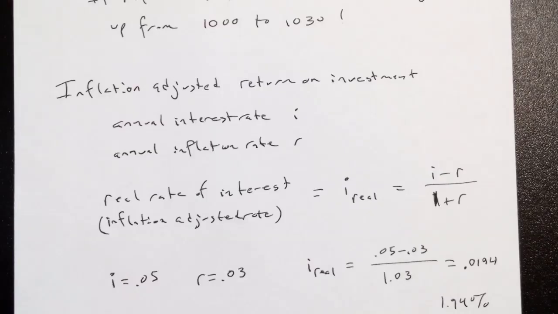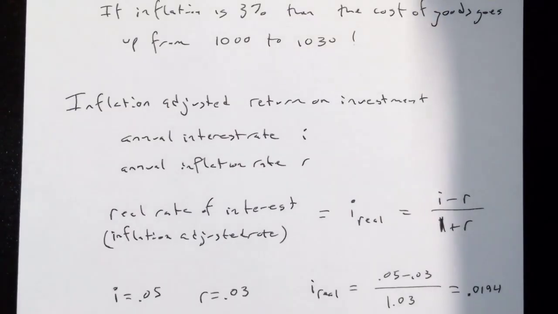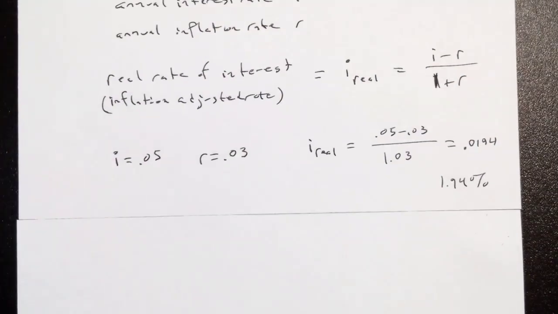So in spite of the fact that on paper, my return on investment was 5%, once I take inflation into account, my return on investment was actually less than 2%. Not just 0.05 minus 0.03, it was less than that because of the increase in costs and services.